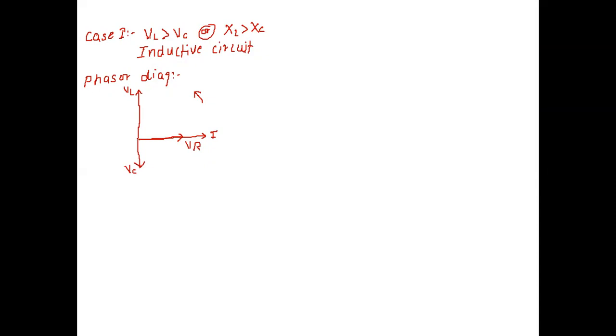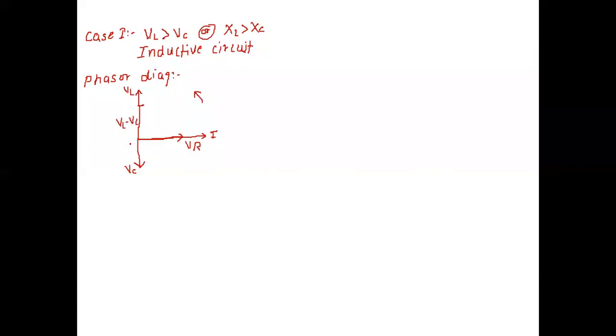VL and VC are opposite to one another, so the applied voltage comes from the subtraction of these two phasors, that is VL minus VC.